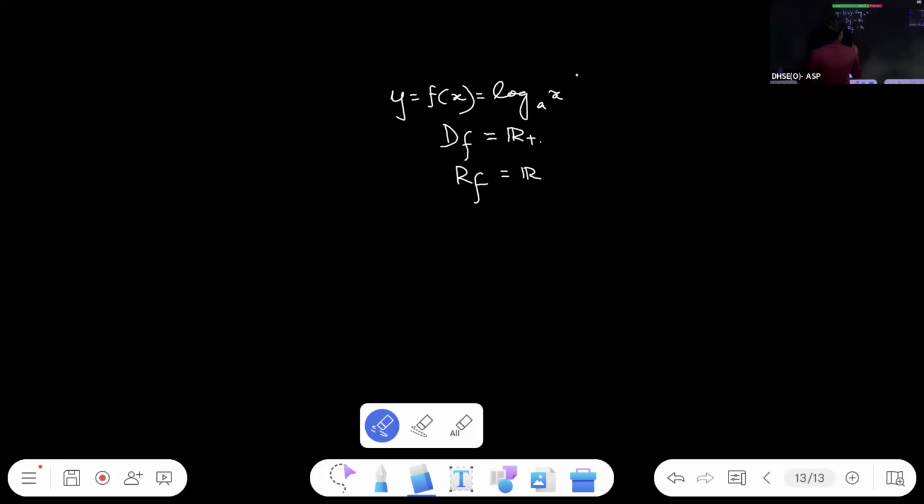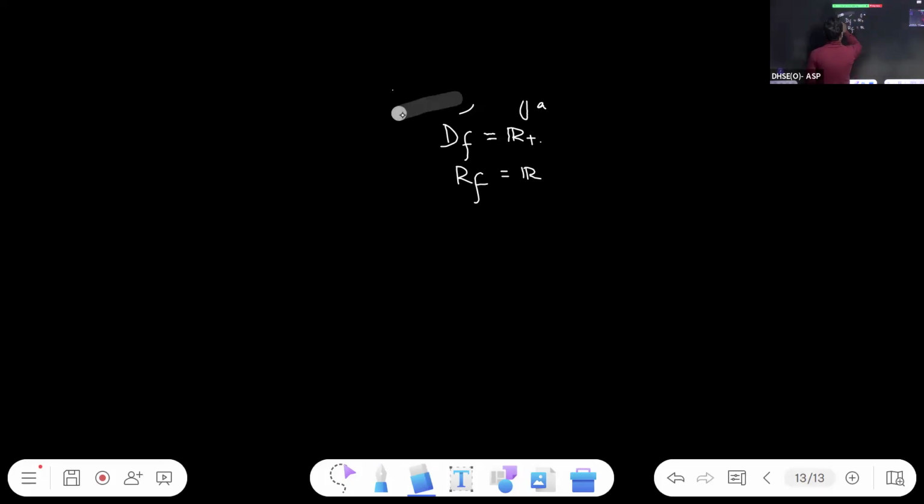Then come to the graph of the logarithmic function. Logarithmic functions are also of two types: increasing logarithmic functions and decreasing logarithmic functions. Logarithmic functions are the inverse functions of exponential functions.